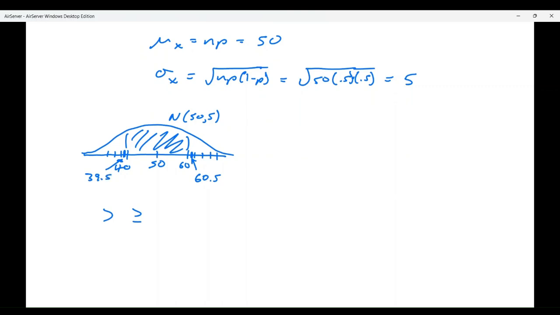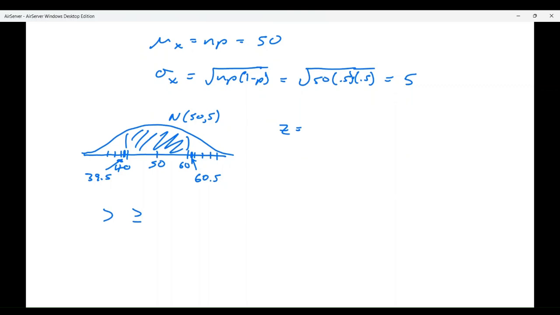And that way I guarantee that I'm including 40 and 60 as part of the actual area in this problem. So we now proceed just like we would before to find the area. I'm going to find the z-score, use technology or table, whatever you want to use, find the areas for each of them for 39.5 and 60.5, and then subtract them to get our final answer.